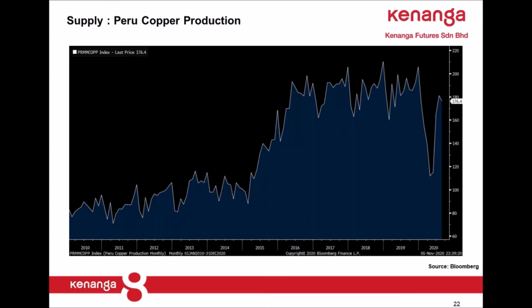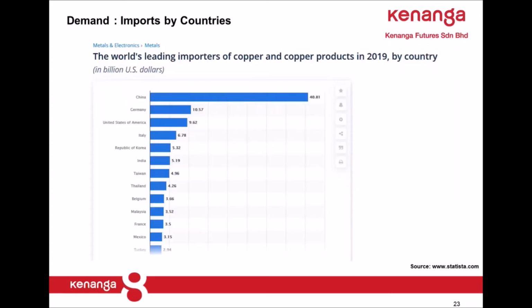And this is the second largest producer, Peru, with its copper production monthly chart since 2010. Okay, and when we look at the demand side, China is the leading importing country for copper.